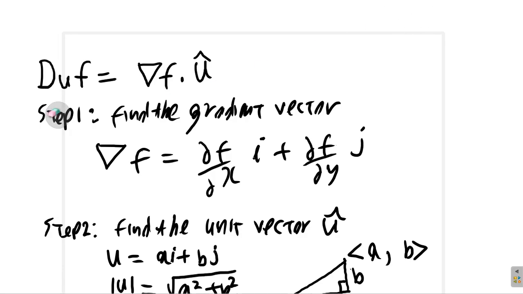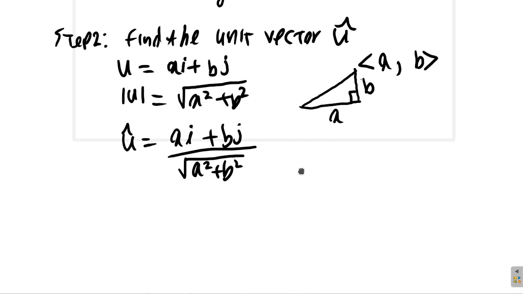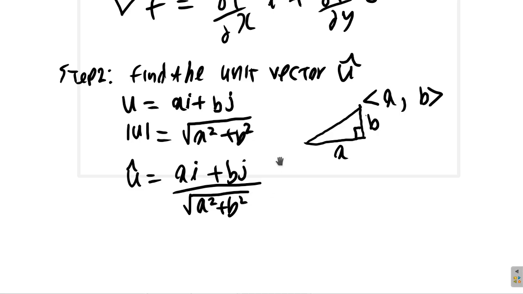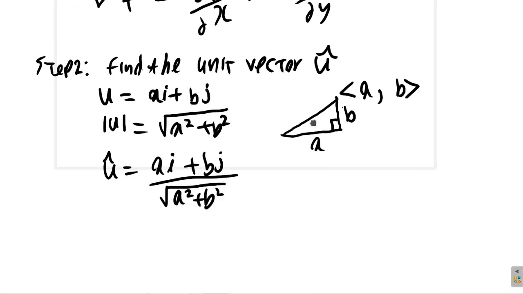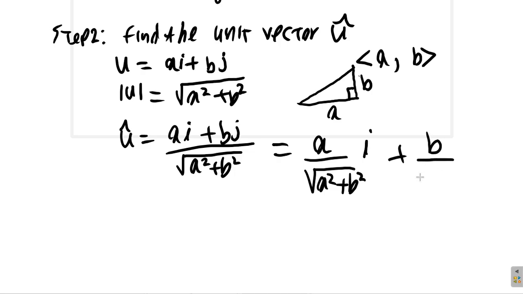It's like multiplying by 1. So the way the number looks now, it looks different, but the value remains the same. Alright, so in this case, you're dotting a vector with a unit vector. The value of the vector remains the same. So when you do this, you're going to write it out as a over the square root of a squared plus b squared, i, plus b over the square root of a squared plus b squared, j. Alright? That's the unit vector.